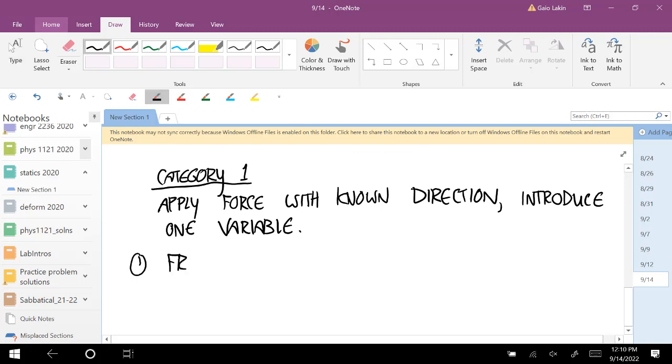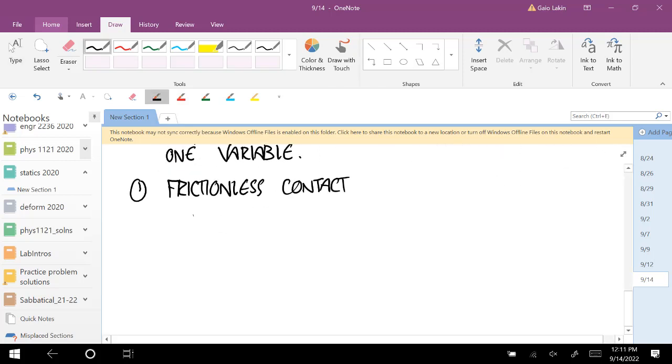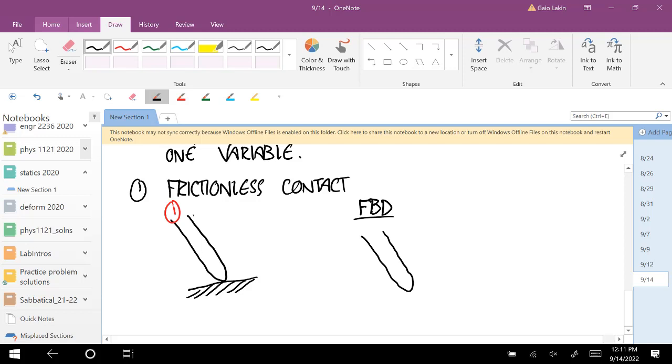The first one is a frictionless contact. So a free body diagram of that Olive Garden breadstick has a force that's perpendicular to the surface of contact.